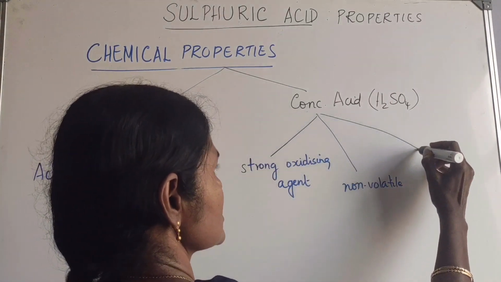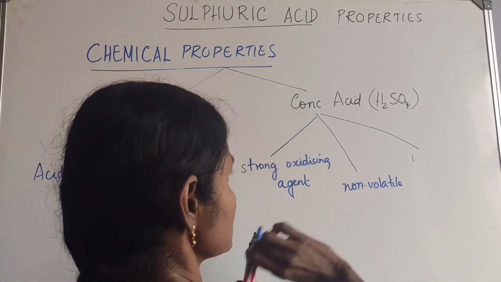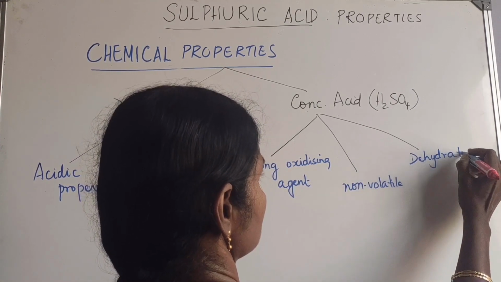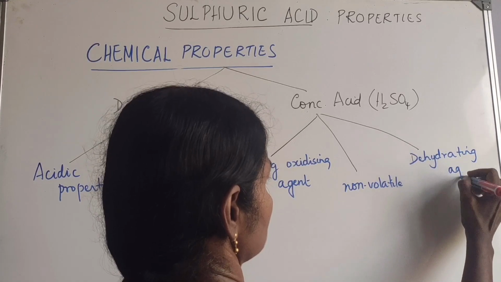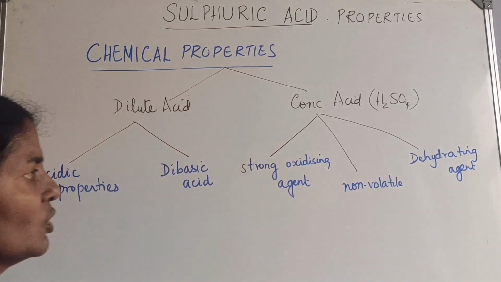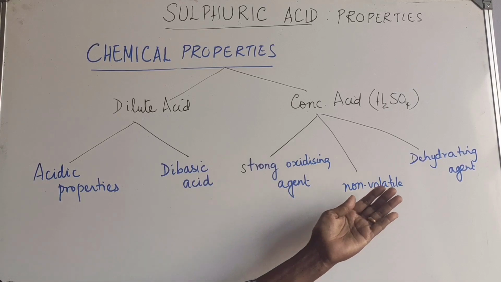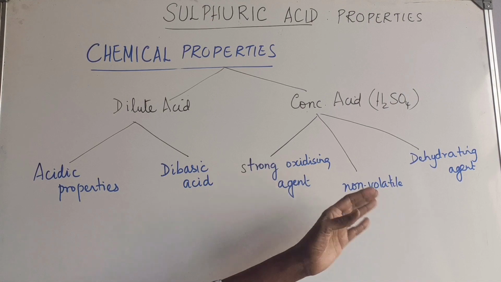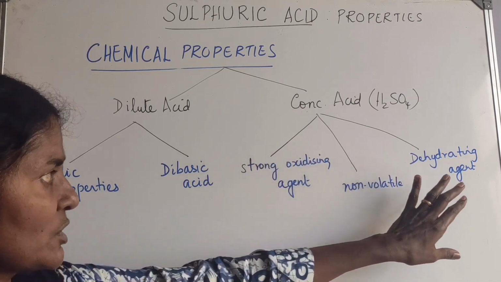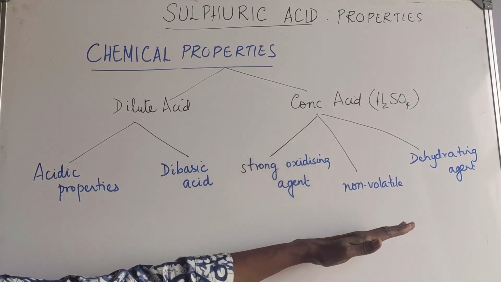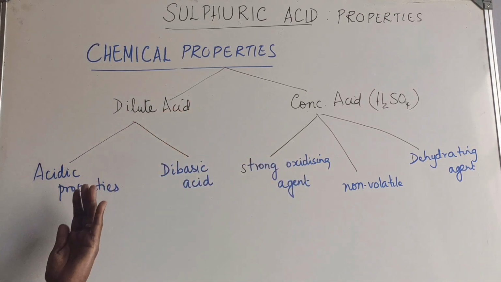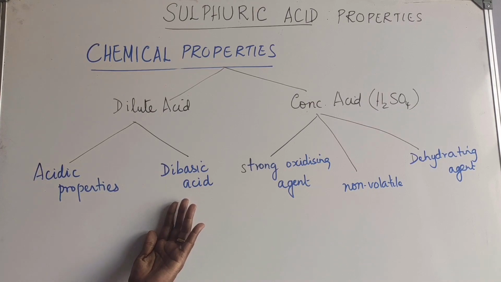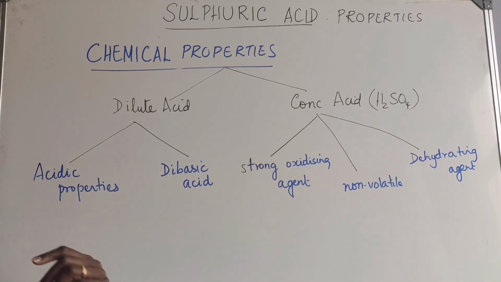Then it is a dehydrating agent, which means it can remove water or moisture from the compounds, from the structure of the compounds. So these are the three different properties that we see under the concentrated acid. And under the dilute acid, it exhibits acidic properties, and we also prove that sulfuric acid is a dibasic acid.